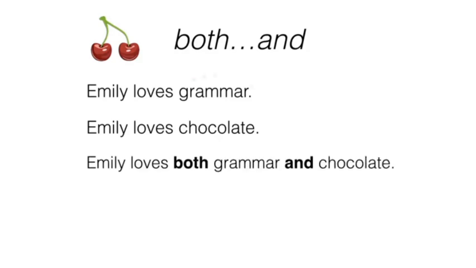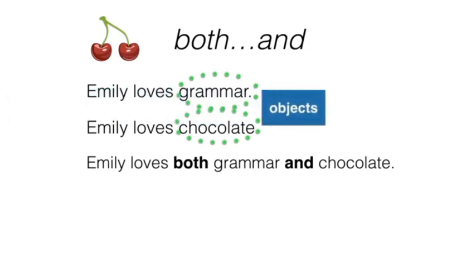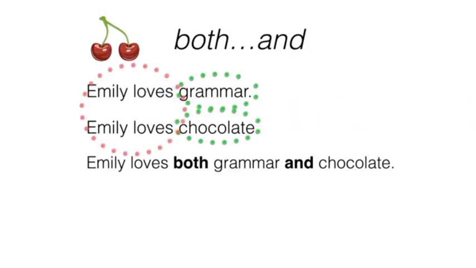Now, grammar and chocolate are the two different elements in these first two sentences. And this time, they aren't the subjects. They are the objects. The subject and the verb, Emily loves, is the same in the first two sentences.